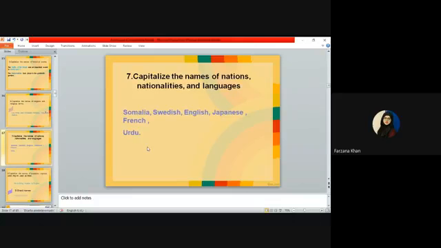At the same time, the names of languages, whenever written in a sentence, the first letter needs to be capitalized everywhere.